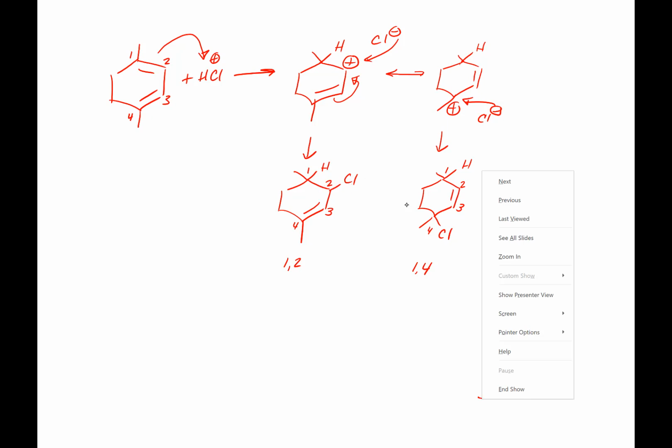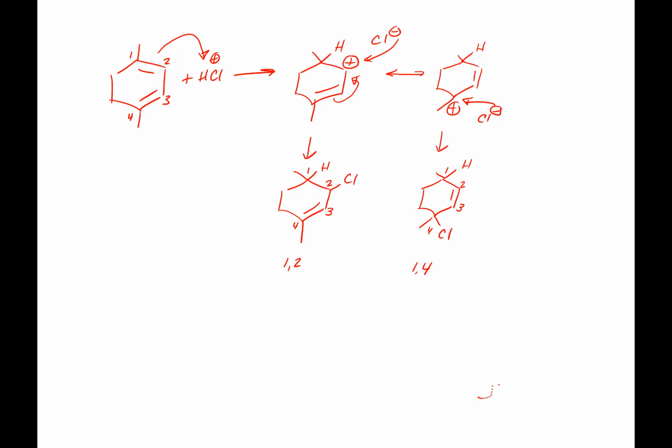So if you can write the 1,2 product and the 1,4 product, then you can just simply erase the chlorine and go back up and form the carbocations. If you're having trouble doing this in the forward way, there's kind of a backdoor way of doing this. And then wherever you add your carbocations, that's where your Cl minus attacks.